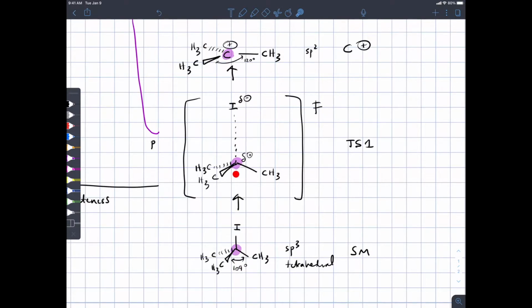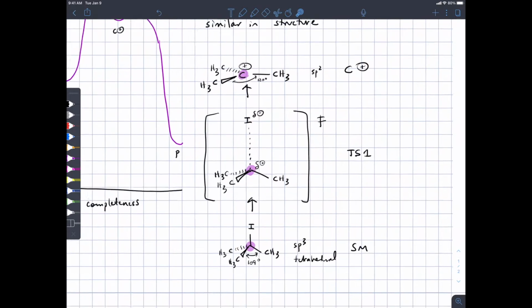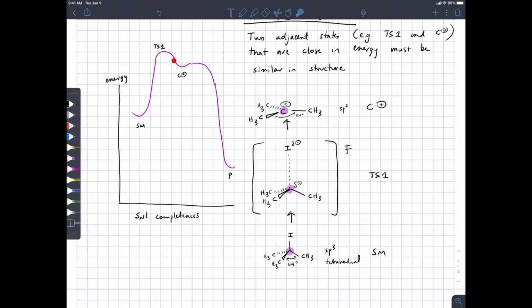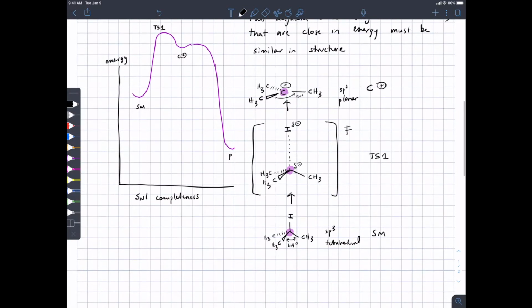In other words, in the transition state, you've still got residual pent-up electron-electron repulsion, or steric hindrance, between these methyl groups that are closer to each other than they would otherwise like to be if the carbon were only surrounded by three things. So the downward slide here from the transition state to the carbocation represents sort of a popping open of the carbon to a complete trigonal planar intermediate. All right.